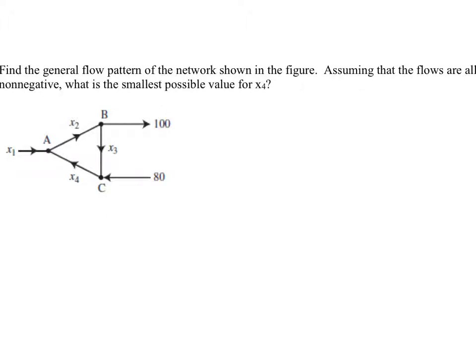Directions going in and out of the node. So at A, I can see that I have x1 coming into the node, x4 also coming in, and x2 is going out. The first decision you have to make is defining in and out.